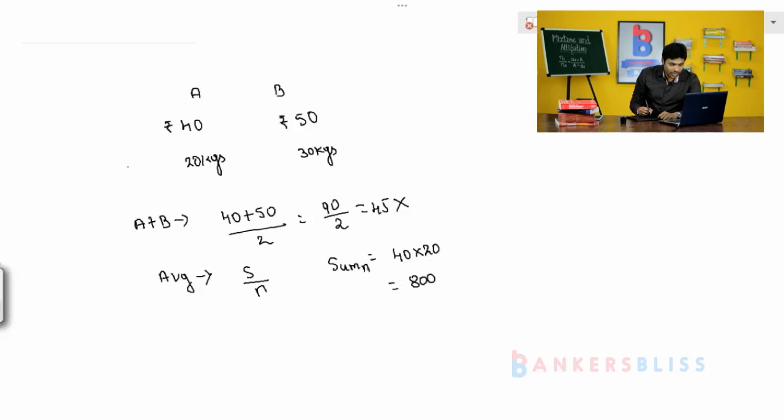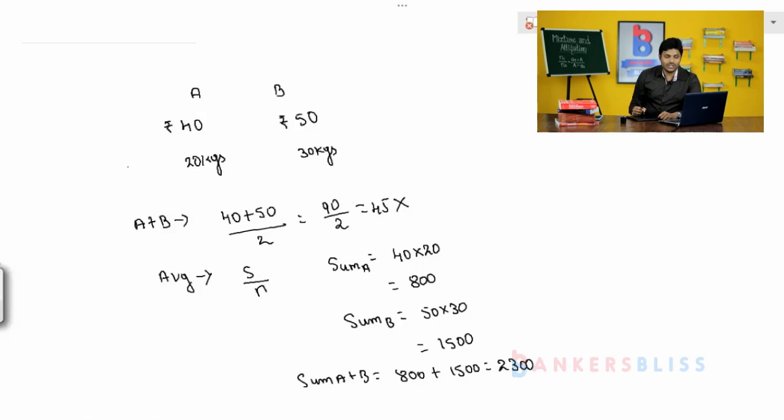This is sum of A. Next, sum of B is equal to 50 into 30, that is 3 5s are 15, 1500. So altogether sum of A plus B is equal to 800 plus 1500, which is equal to 2300.